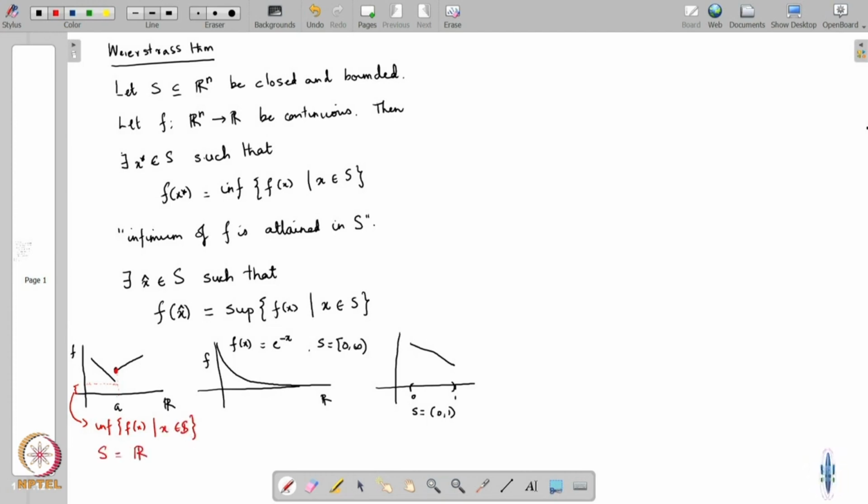In the second case, the infimum of f is 0. What is the infimum of f in the third case? The infimum of f in the third case is again this height.